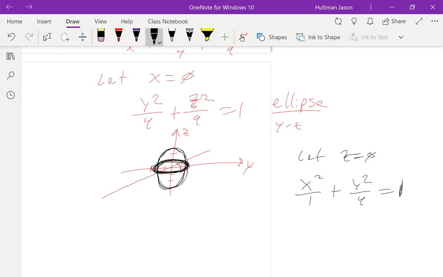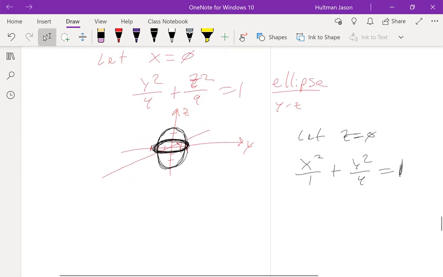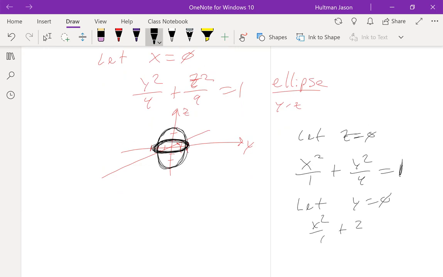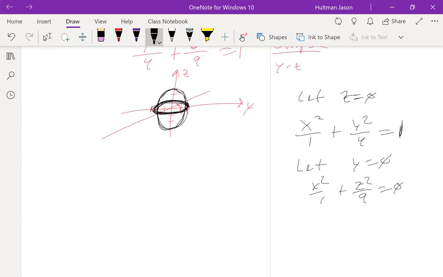Nice. Now let's let y equal 0. If y equals 0, then we get x squared over 1 plus z squared over 9 is equal to 1. That tells me that this is a third ellipse in the zx direction. It's going to be 1 in the x's and 3 in the z's.